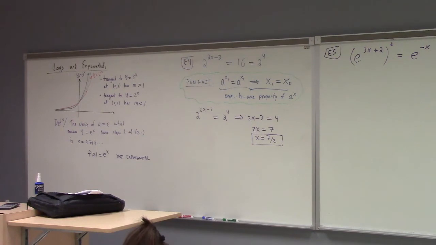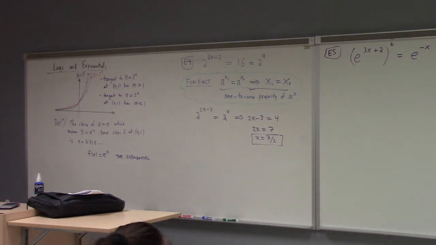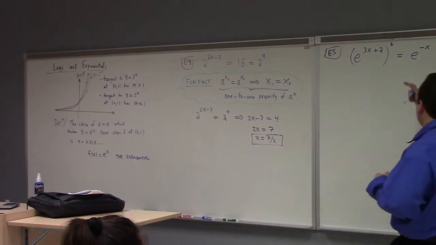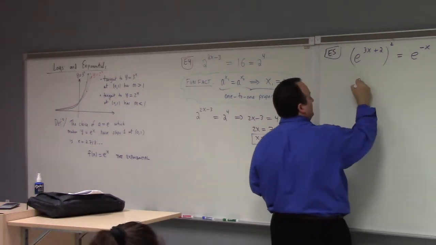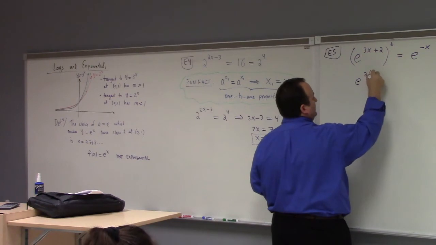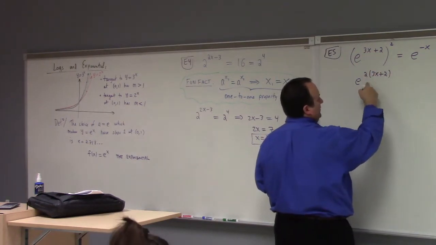If at any point I try to erase this part of the board today, you should yell at me, stop! Because I want to leave this here because we're using these. We want to use basically this one here, because we've got an exponential to a power. When we have that, we multiply the power into the argument. So this gives me e to the 2 times 3x plus 2, if you like. Or you could put the 2 over here.